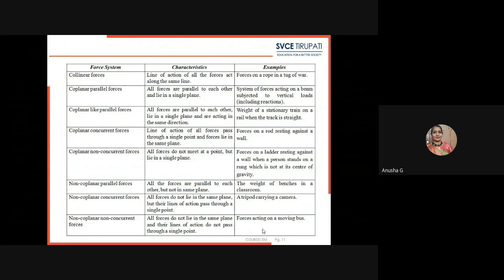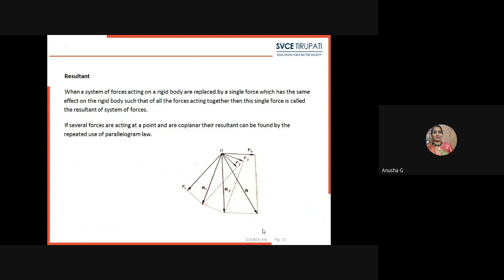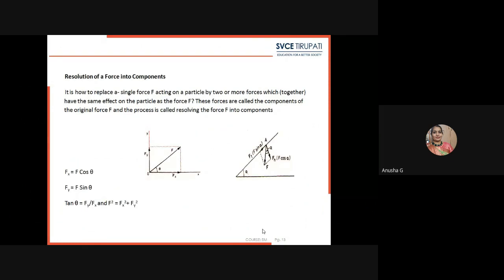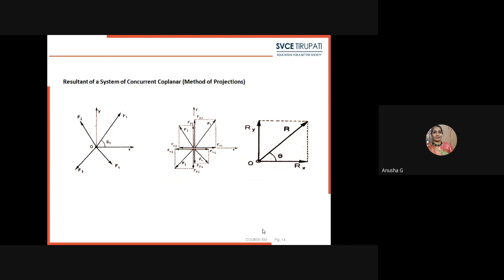The different types of force systems are collinear, coplanar with like parallel forces, unlike parallel forces, and then concurrent forces and non-concurrent forces with different configurations, and the examples we've seen in the last class. These are the resultant forces for the two different forces F1 and F2, with the resultant that was found in the last class itself.